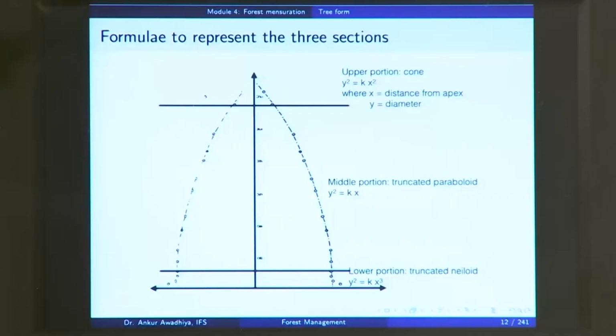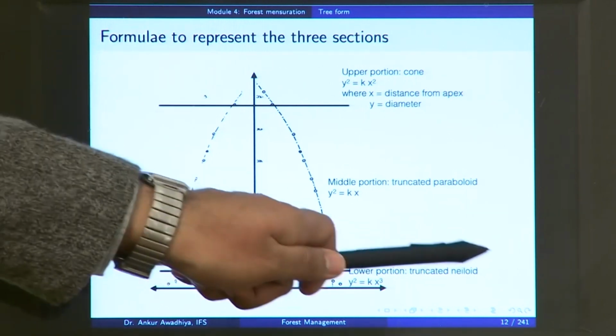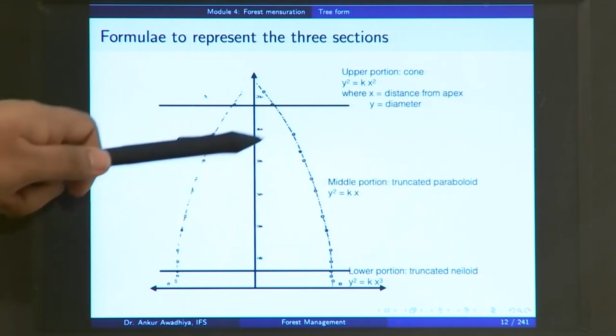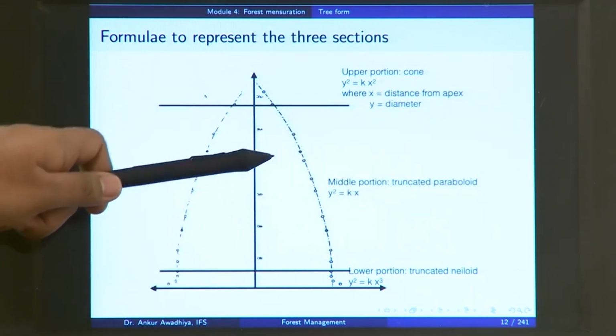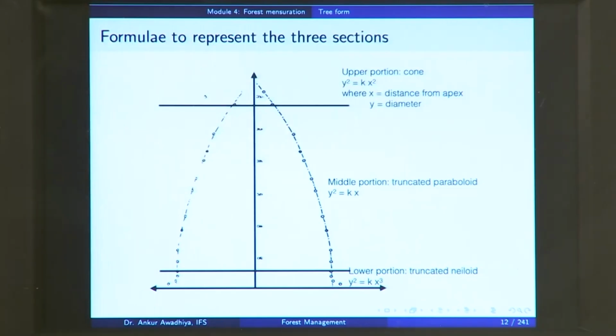So, it can explain why, in the case of a tree, we see a taper, but there are also a few drawbacks, because as we saw before, the shape of the tree is not completely given by the shape of a cubic paraboloid. In fact, the lower portion is a truncated neiloid, the middle portion is a truncated paraboloid, even this is not a truncated cubic paraboloid, and the top portion is given by a cone.